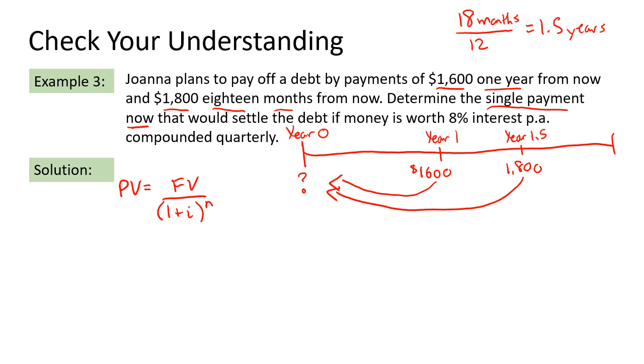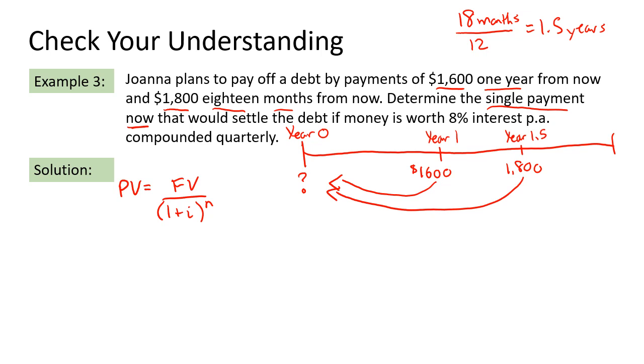Now we're going to do this calculation twice, okay? One for the $1,600 payment and one for the $1,800 payment. And the reason we're going to do 2 separate calculations is they actually have the same interest rate, but because they're not done at the same time, they have a different number of compounding periods, okay?